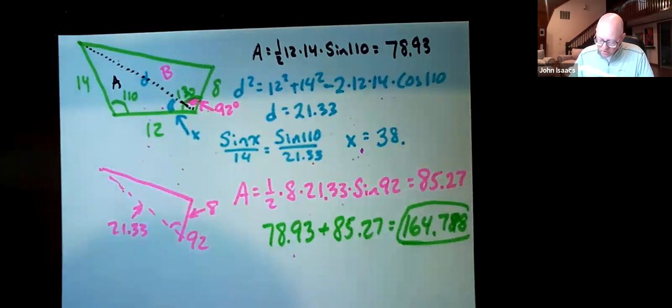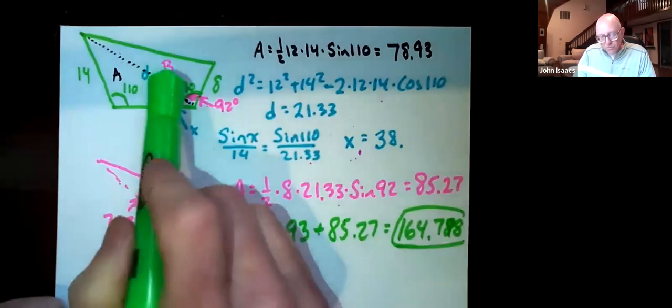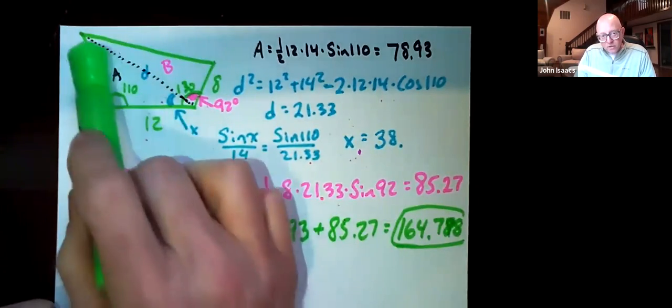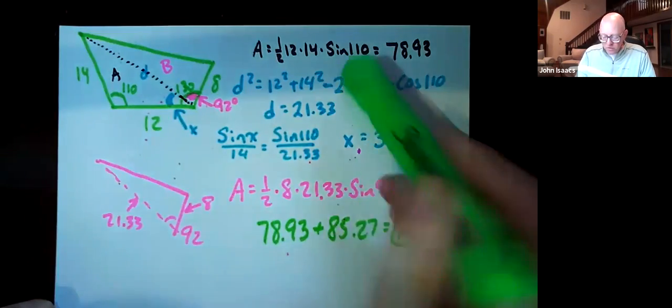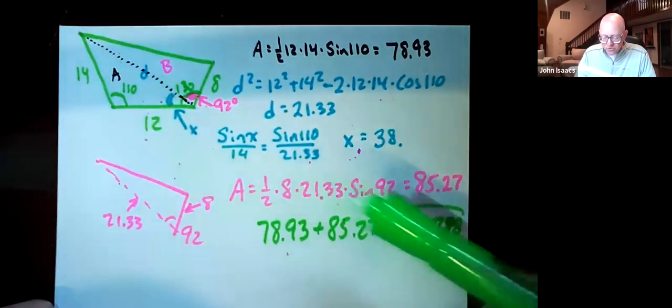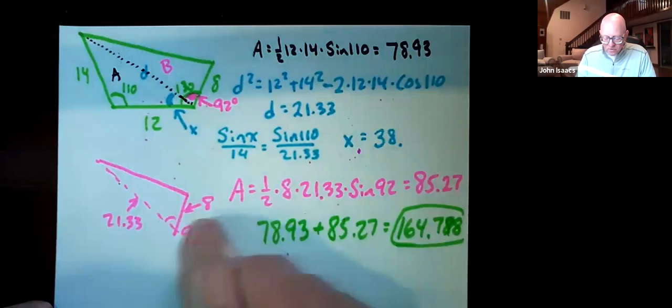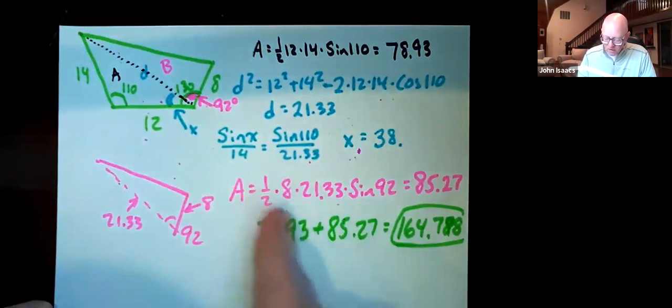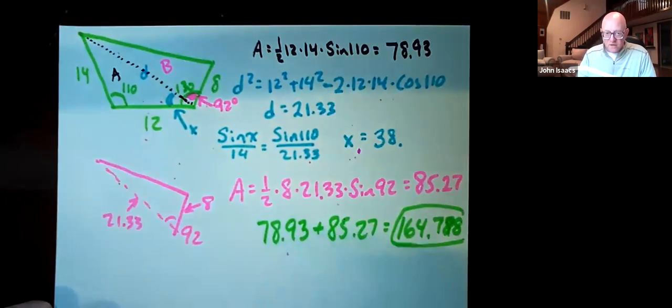If you want to round to 2 decimal places, that would be fine. And so we break the 4-sided figure into 2 triangles, and we use the area formula of each of those triangles, sometimes having to use law of sines and law of cosines in order to find the missing pieces.